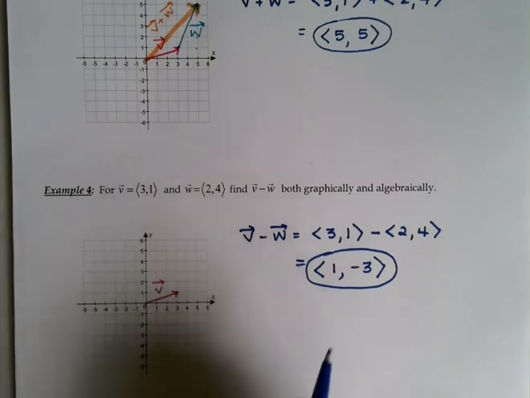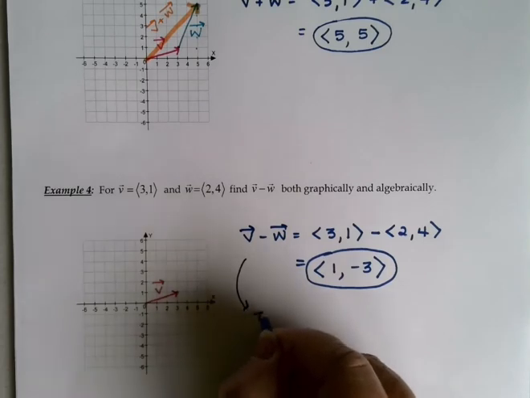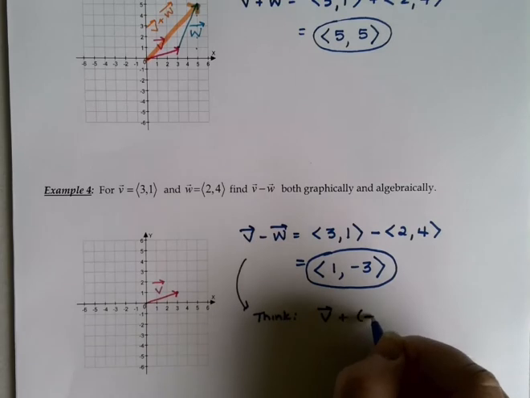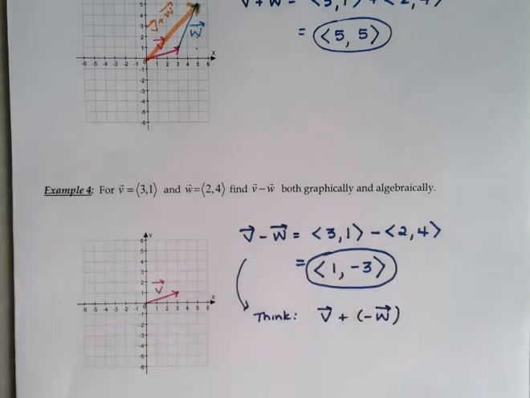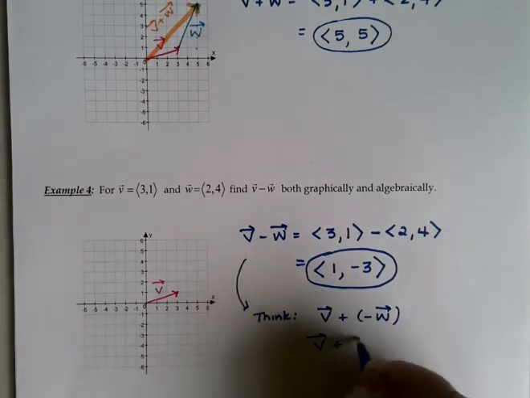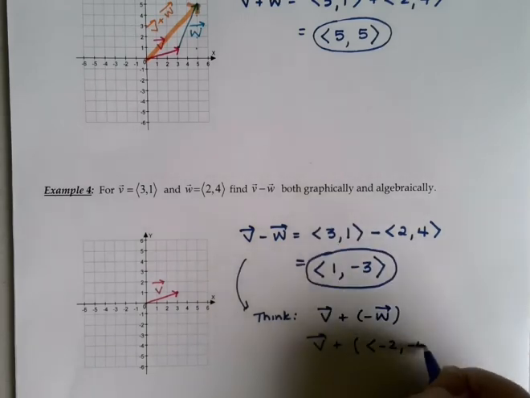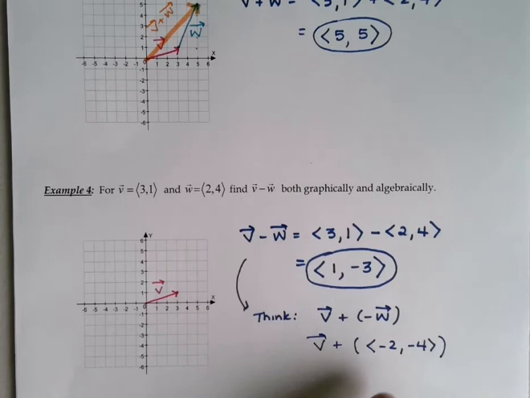It's really minus W. So I'm thinking of this as V plus the opposite of W. Right? Adding the opposite is always the same as subtracting. So it's V plus negative 2, negative 4. That would be left 2 and down 4.